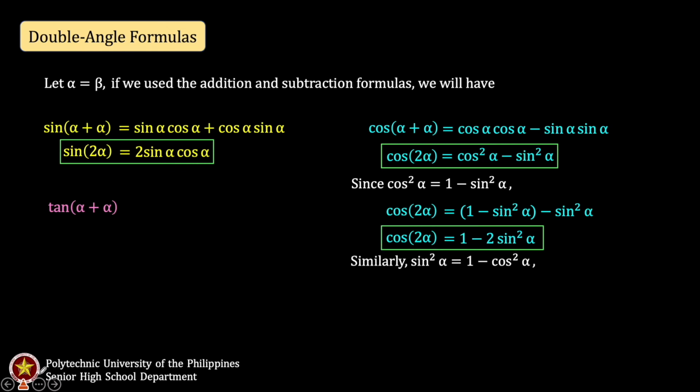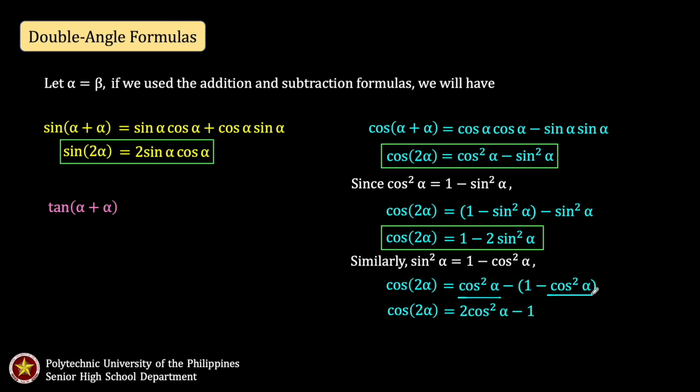Next, similarly, sine squared alpha from trigonometric identity is 1 minus cosine squared alpha. Substitute sine squared alpha in this equation. We have cosine squared alpha minus the quantity 1 minus cosine squared alpha. Combining similar terms, we have 2 cosine squared alpha minus 1.